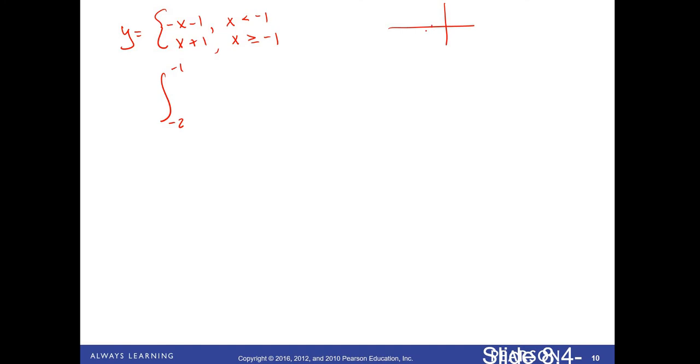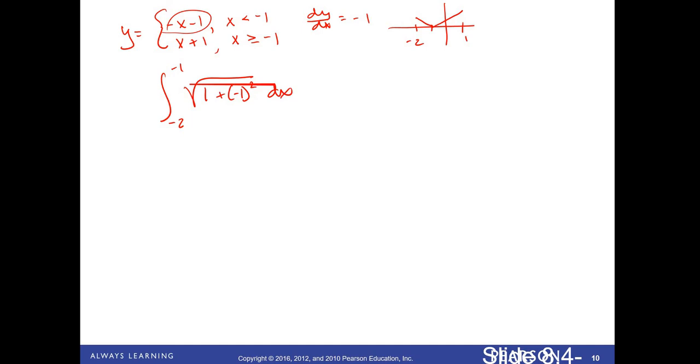Draw a picture again. I want this whole interval from negative 2 to 1. So from negative 2 to negative 1, I'm going to use this function. So dy/dx for that top function is simply negative 1. The square root of 1 plus negative 1 squared dx.